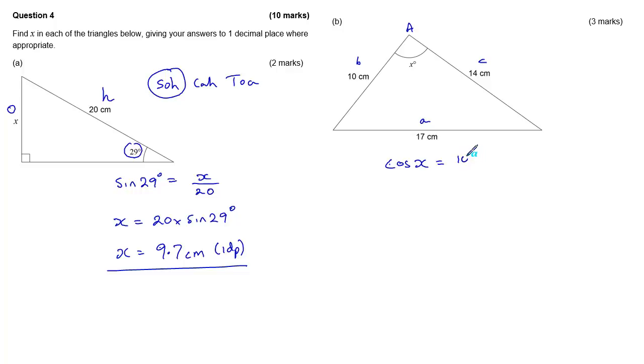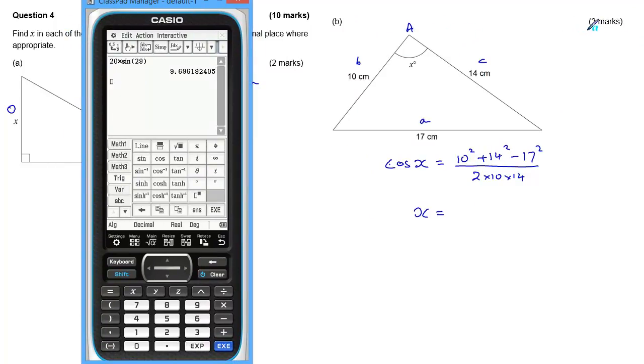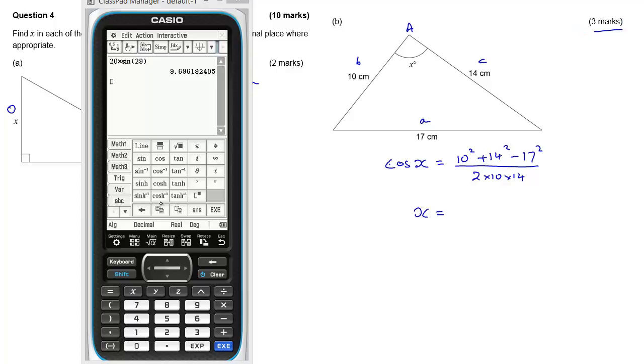So that's going to be 10 squared add 14 squared minus 17 squared all over 2 times 10 times 14. So we can just solve for that on the calculator, which is why these are never going to be worth many marks in the test.